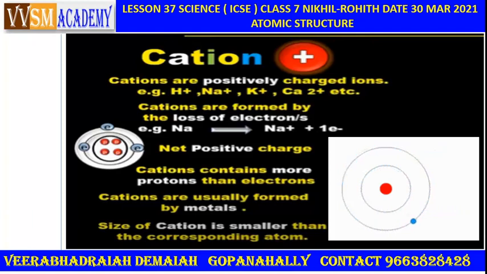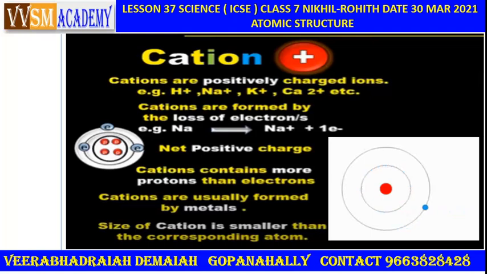So therefore, my dear friends, cations are formed by the loss of electrons. Here sodium loses one electron and hence it becomes monovalent sodium plus ion. The net positive charge: cations contain more protons than electrons. Cations are usually formed by metals. Generally, positive ions are formed only by metals.